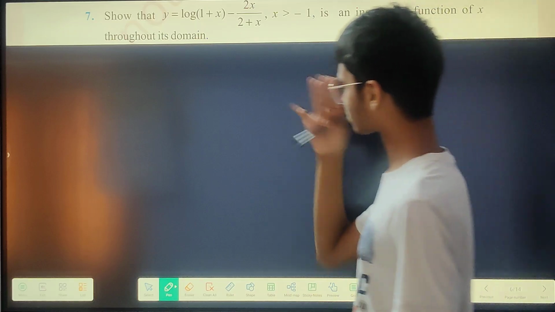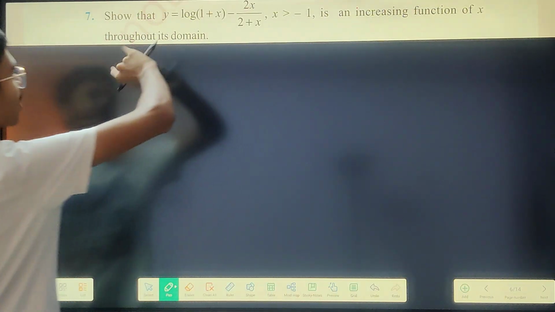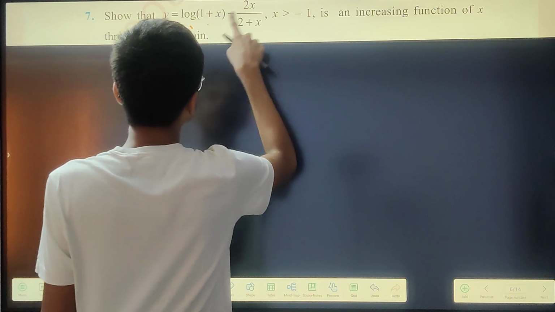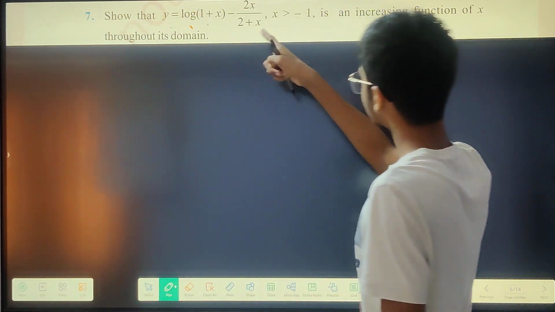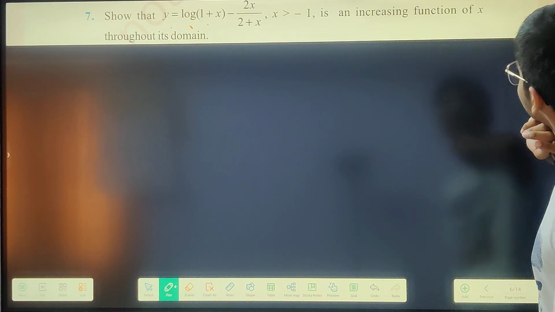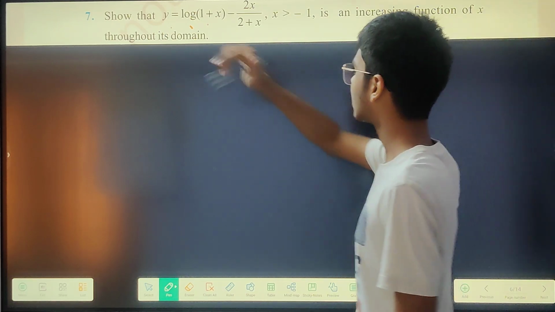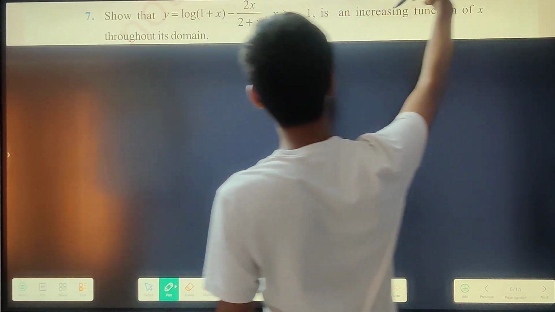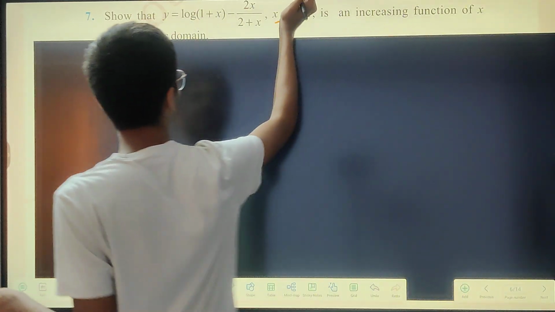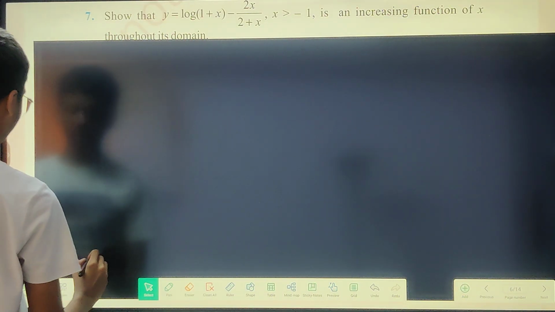Here we will have to show that y is equal to log of 1 plus x minus 2x by 2 plus x, where x is always greater than minus 1, is an increasing function of x through its domain. It's a very easy question, just because they have given some conditions doesn't mean it has to be hard.